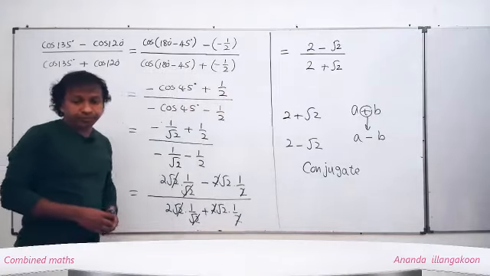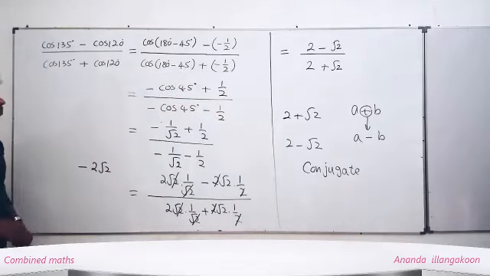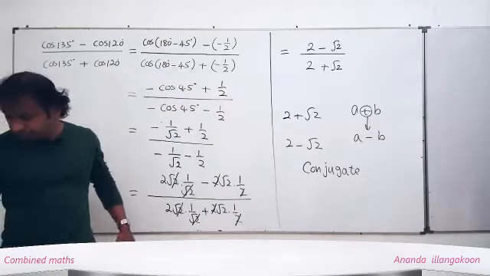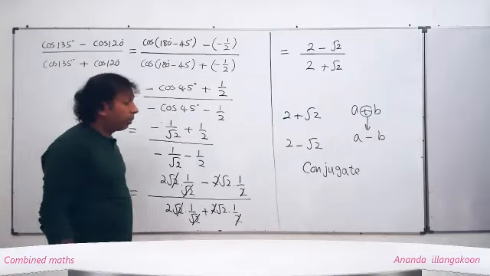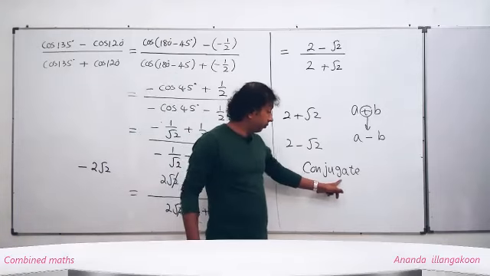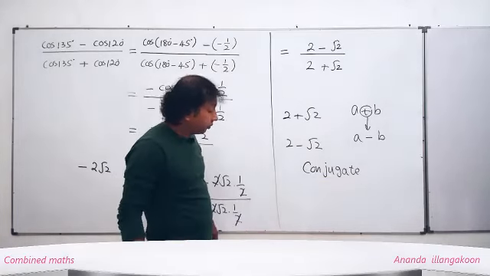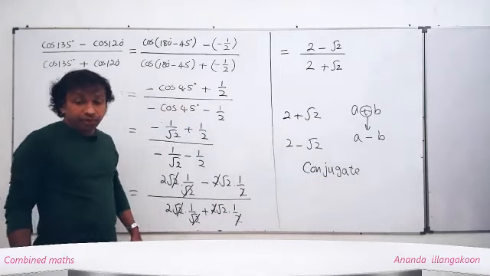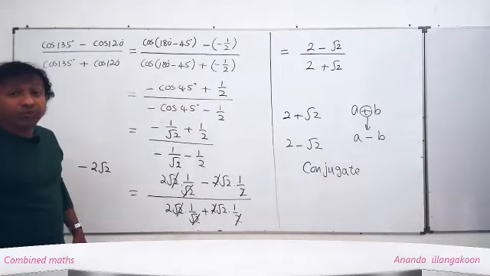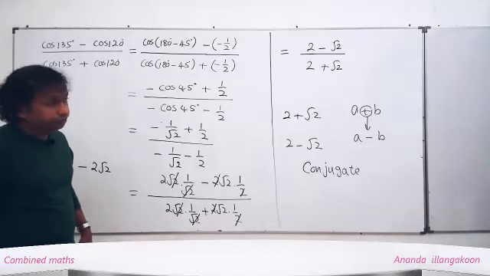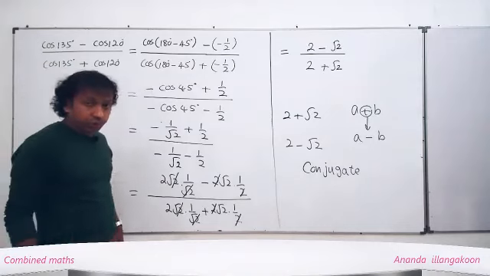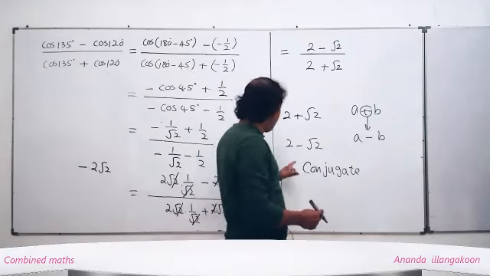Multiplying both the numerator and denominator by the conjugate of the denominator, 2 minus root 2.